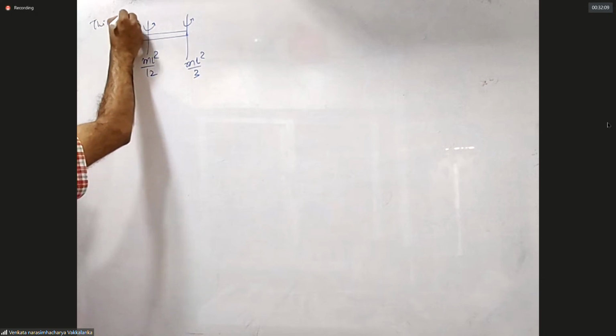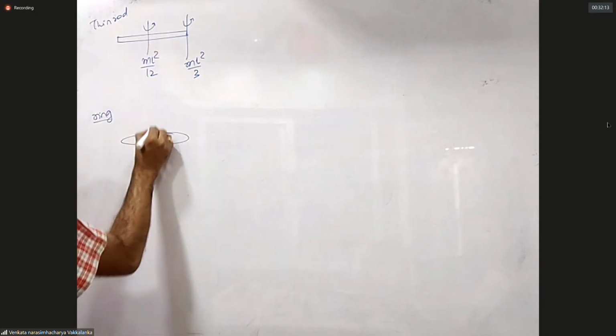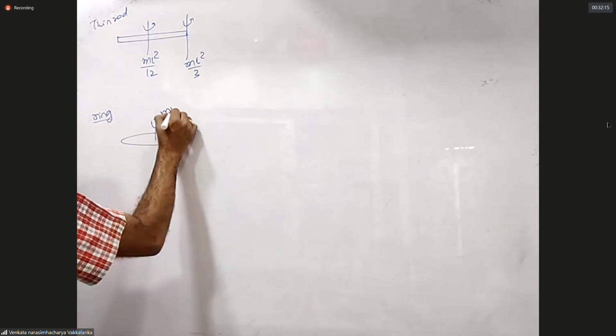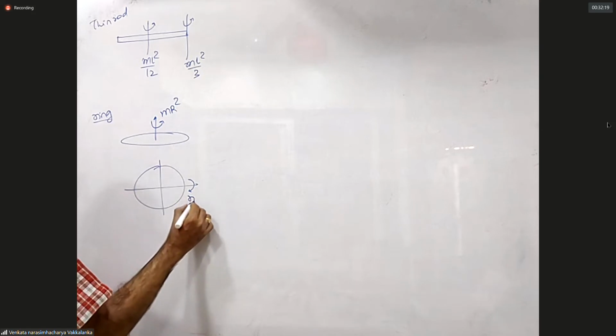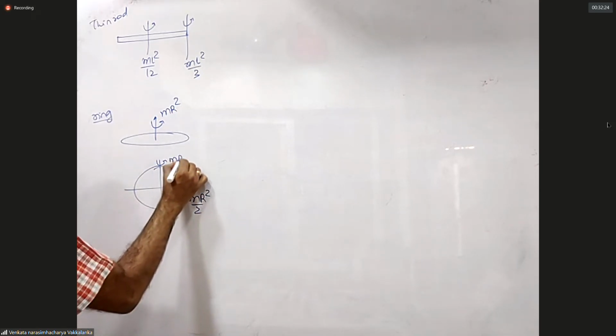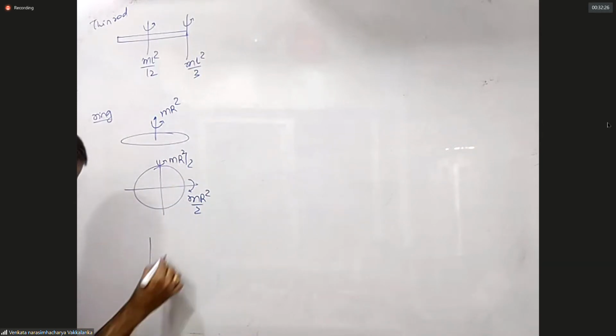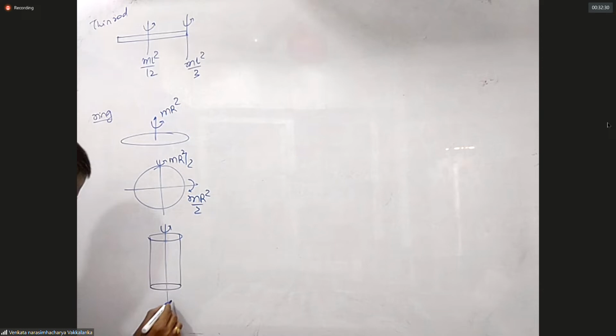Ring: about this axis is mr square, about the perpendicular axis is mr square by 2. Hollow cylinder about its axis is the same, capital MR square.